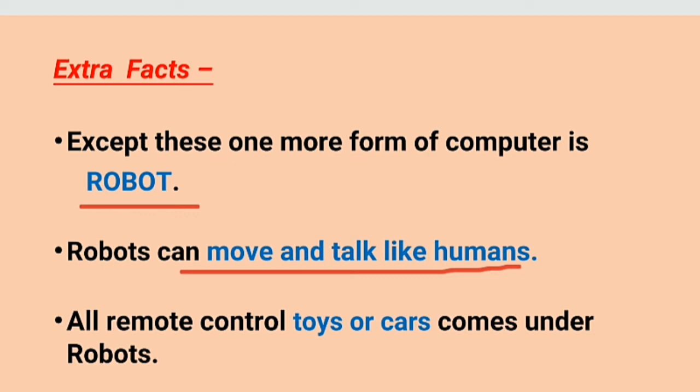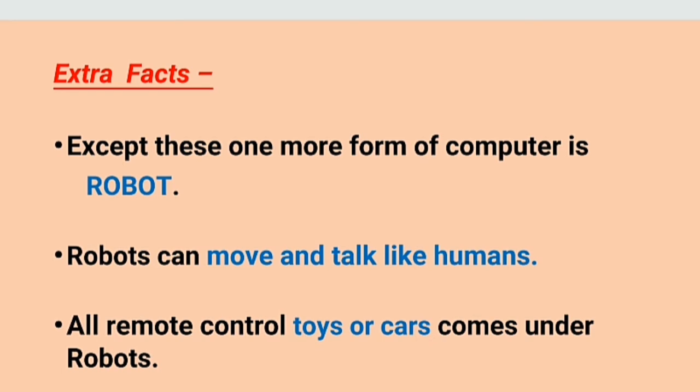All remote control toys or cars come under robots. All the toys that are run with the help of remotes, all toys that we are using at our home, that run with the help of a remote, they all come under the form of robot computers.